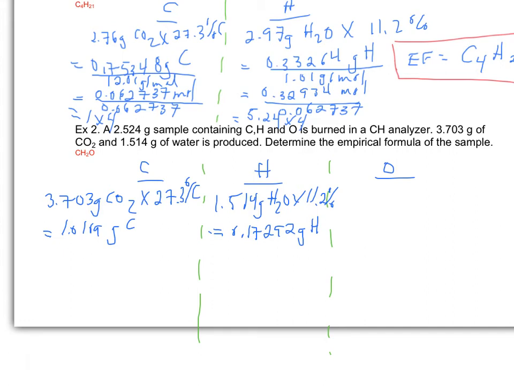piped in extra. So to determine the mass of oxygen in the original sample, I take the mass before I burn the unknown, 2.524 grams, and I subtract the mass of the carbon and the mass of hydrogen that I just found.